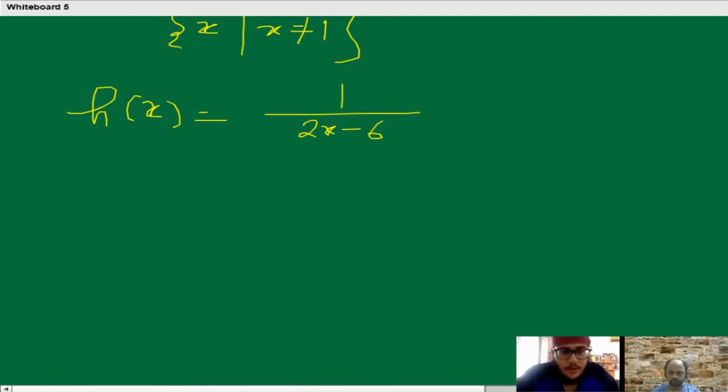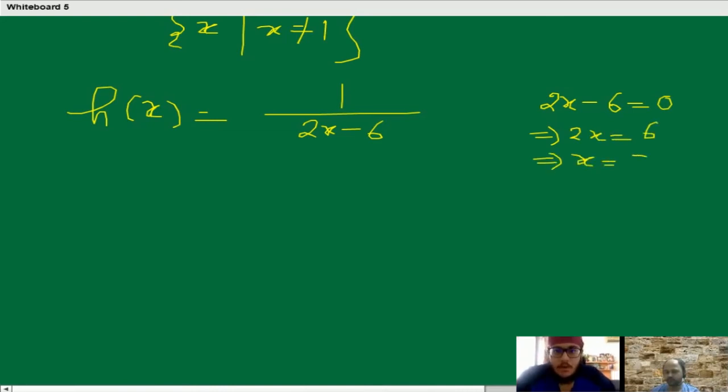Then to find x, you need to solve this part, sir. 1 is divided by 2x minus 6. So first, whenever there is an expression of x in the denominator, we make it 0. So 2x would be 6. The value of x would be 3. Right?